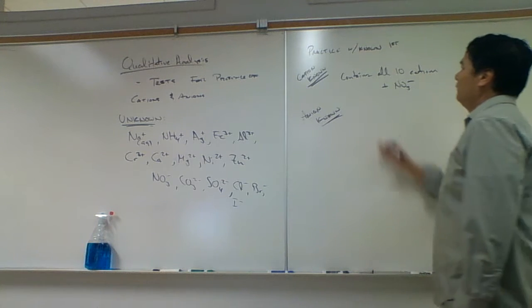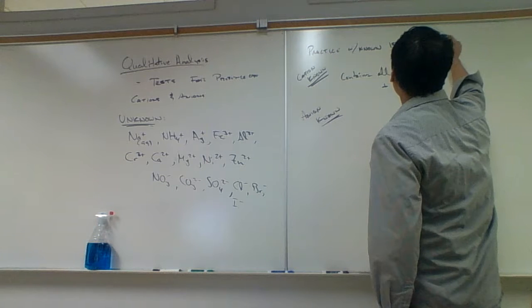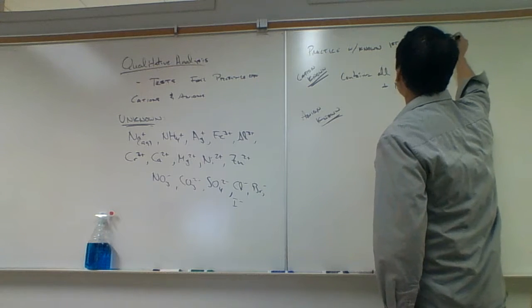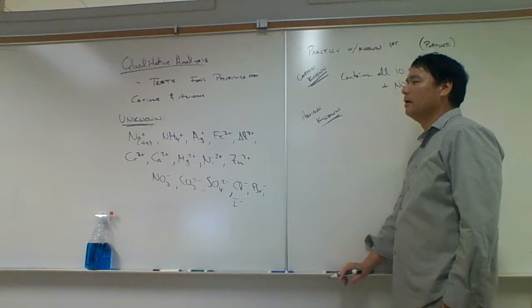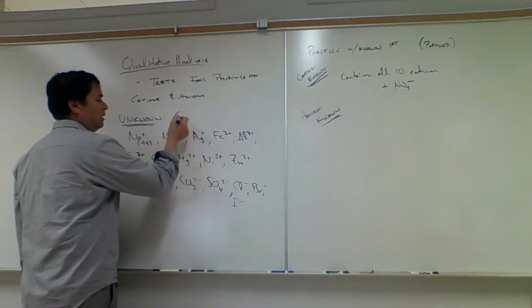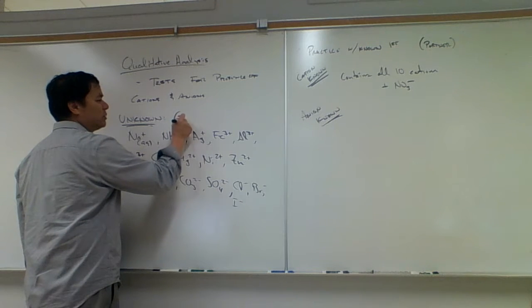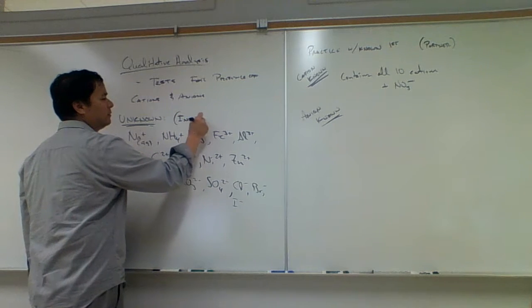All right, when we practice with the known first, you can work with a partner if you like, but you have to be careful because if you work with a partner, you have to pay attention. You have to pay attention because on the unknown, you work by yourself. In other words, this is individual work only.